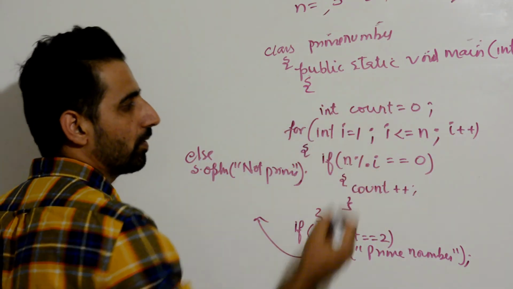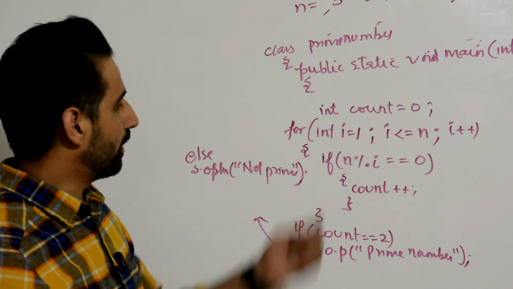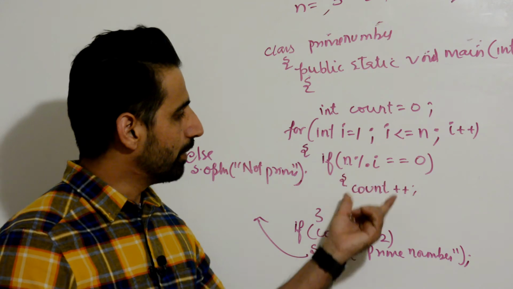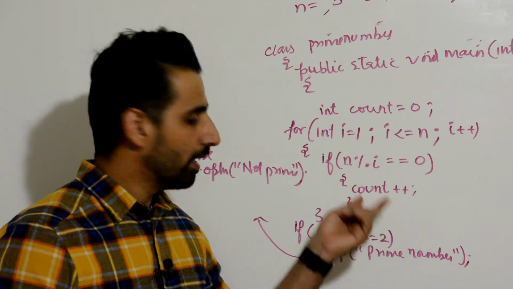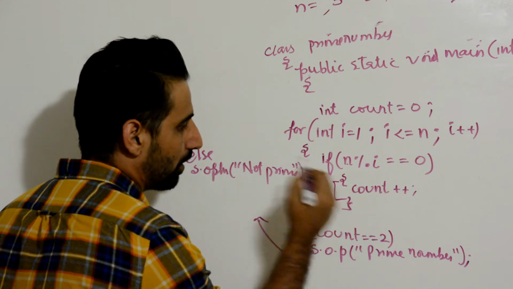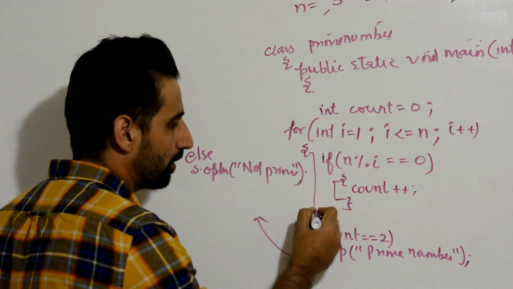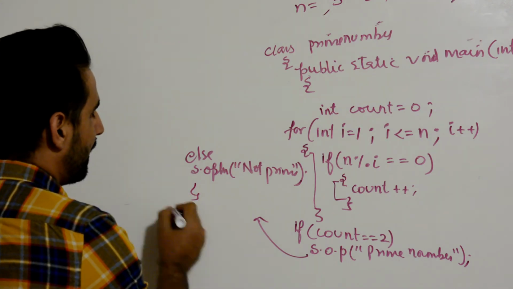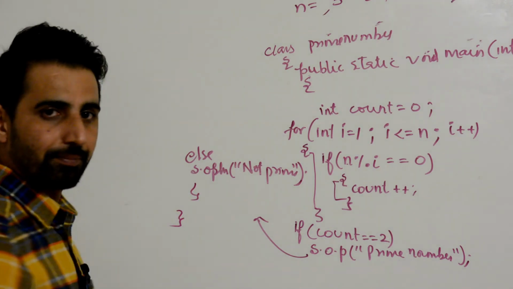Then I'll set count equals to 0, and then I'll use a loop from 1 to n. If it is divisible, then I'll increase the value of count by 1, and then we'll check count. If you see, this if bracket I have closed over here, this for loop I have closed over here, this one is main and the last one is class.